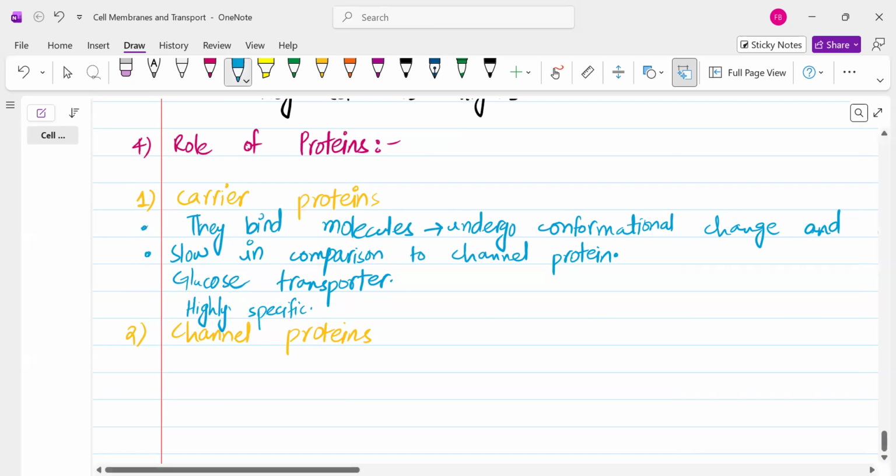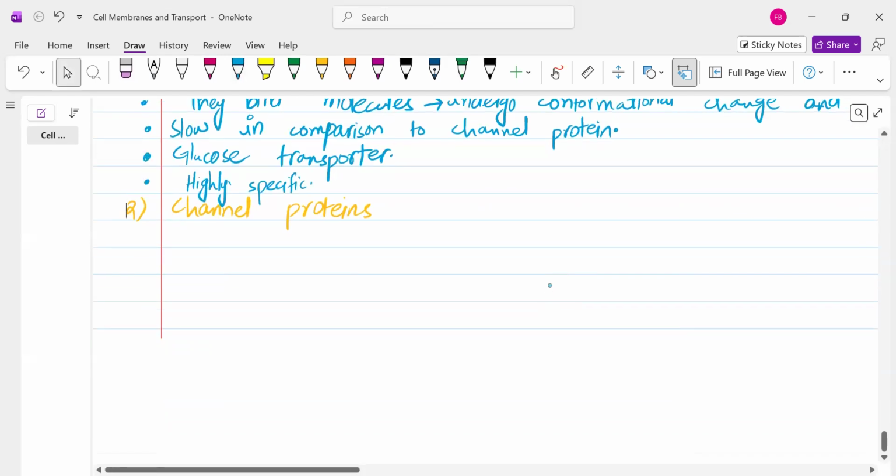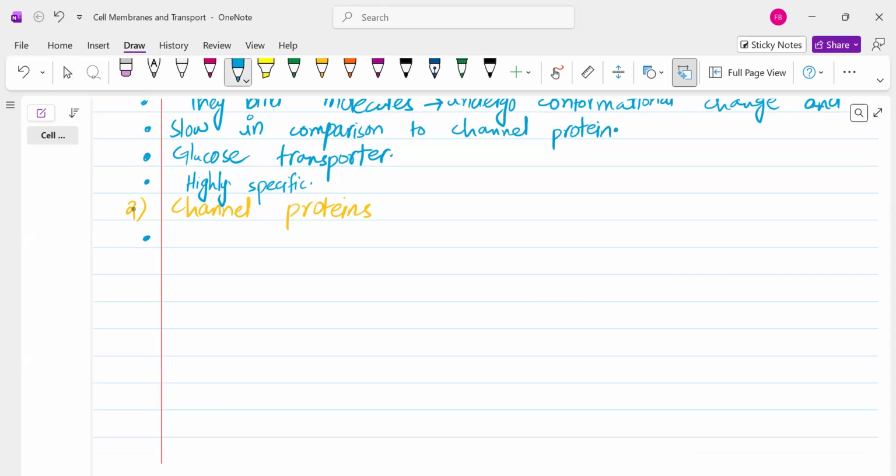Then you have channel proteins. And what is the function of the channel proteins? We say that channel proteins create a passage or gate through the phospholipid bilayer.